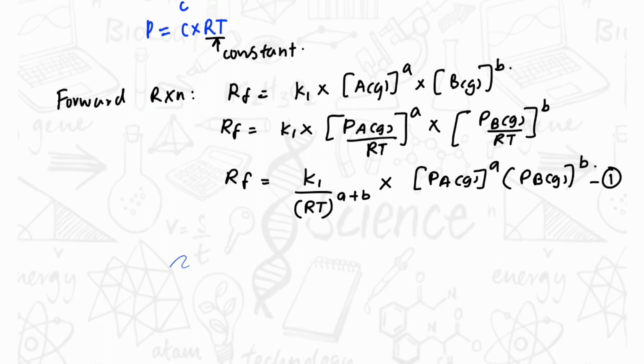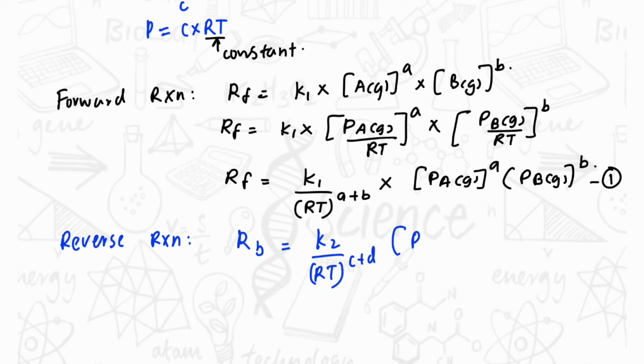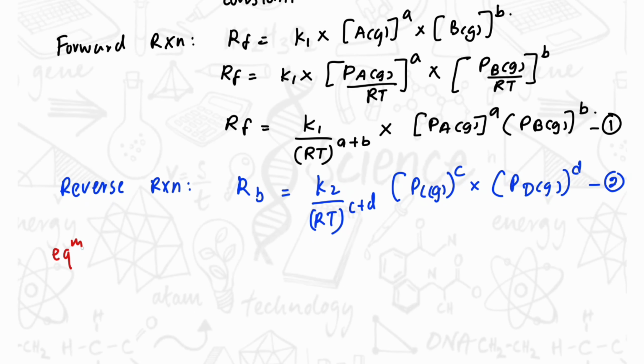Similarly, for the reverse reaction, Rb = K2 (1/RT)^(c+d) times PC, the partial pressure of C, to the power c times the partial pressure of D to the power d. So that is the second equation. Since this is an equilibrium reaction, we can say that Rf = Rb.